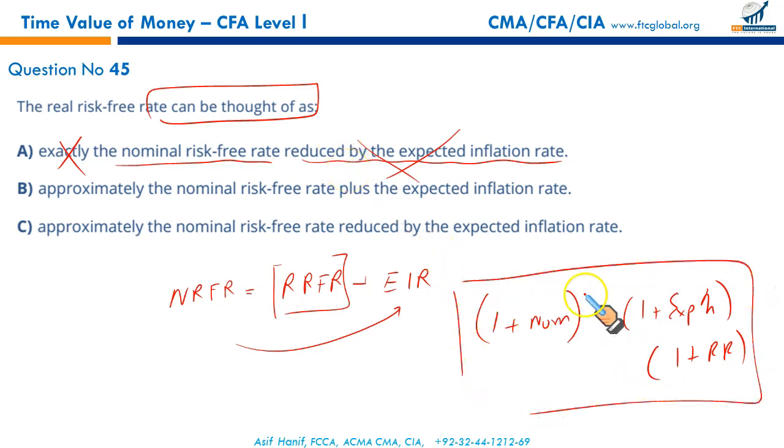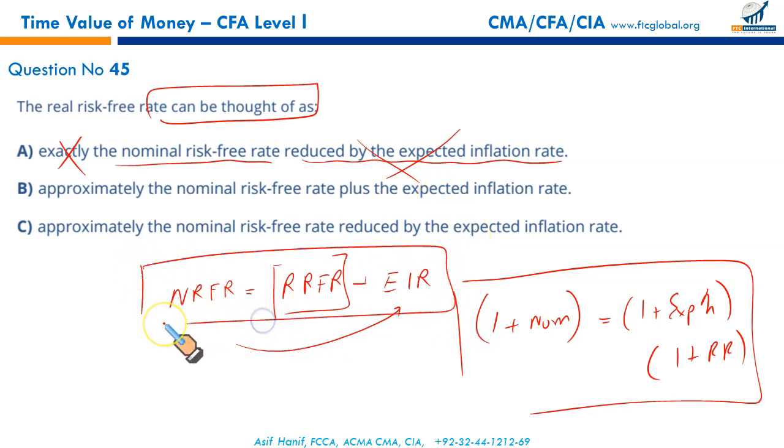Since it didn't say anything like division and multiplication, you're talking about this model, which gives you an approximate nominal risk-free rate. So nominal risk-free rate is equal to real risk-free rate plus expected inflation. If you need the real risk-free rate, you need to deduct the expected inflation from the nominal risk-free rate. Here he's saying approximately the nominal risk-free rate reduced by expected inflation.